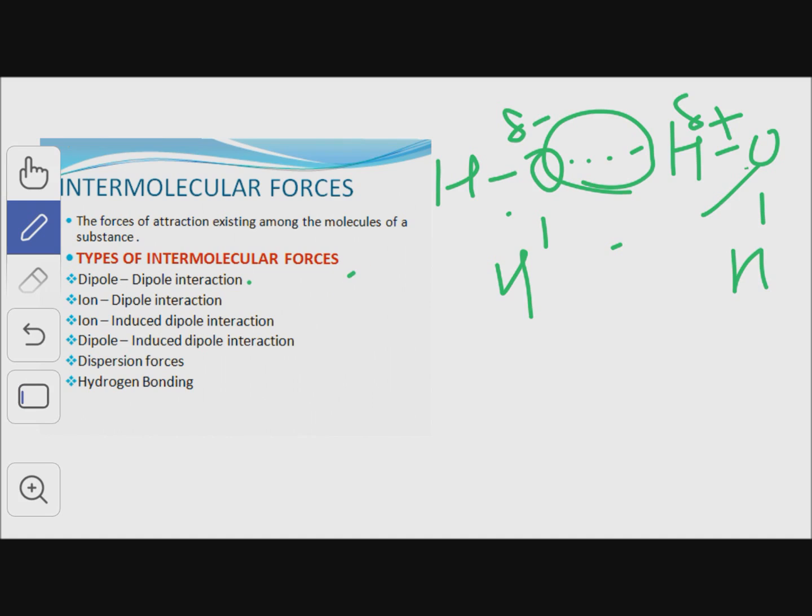There are various types of intermolecular forces which exist among the molecules. For example, number one is dipole-dipole interaction, ion-dipole interaction, then ion-induced dipole interaction, dipole-induced dipole interaction, then dispersion forces or London forces, and the last one is hydrogen bonding, which exists among the water molecules. This is a type of intermolecular force.